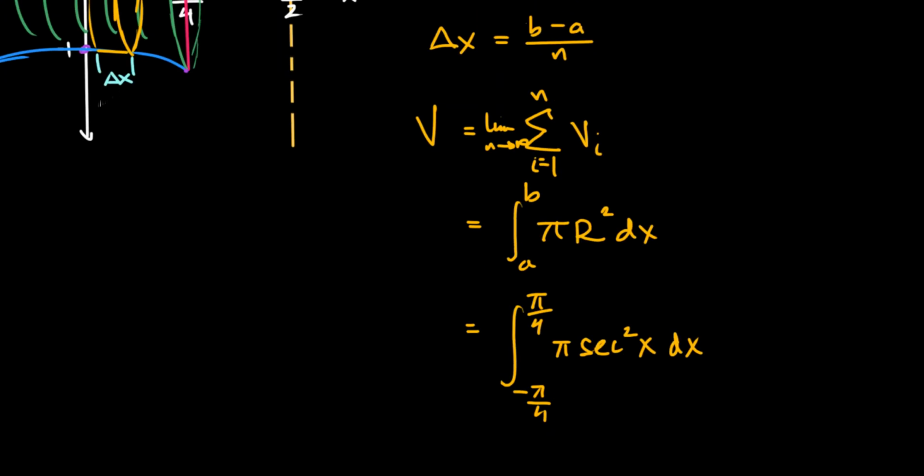Now, when you go to solve this, before you just jump right in and get excited because you might know the antiderivative of secant squared of x, just note we can do something that makes our life easy here.